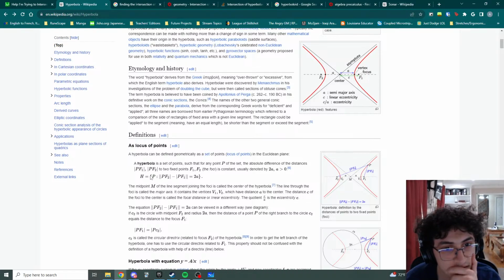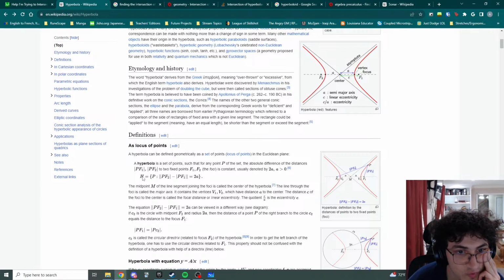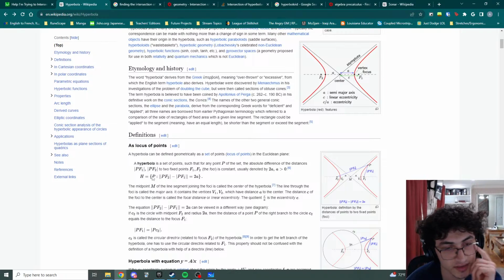Okay, so here is the definition of hyperbola, where the hyperbola is a set of points. We're going to call all those points h. It's equal to all of the points p, such that the absolute value of the distance from the point to f2, that's our second focus, minus the distance from p to the other focus is exactly 2 times a.